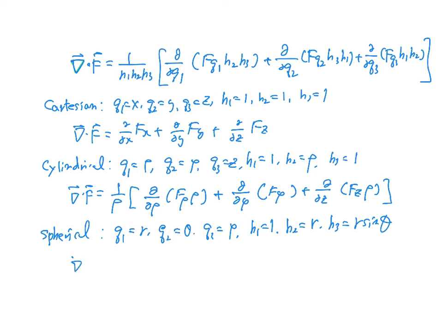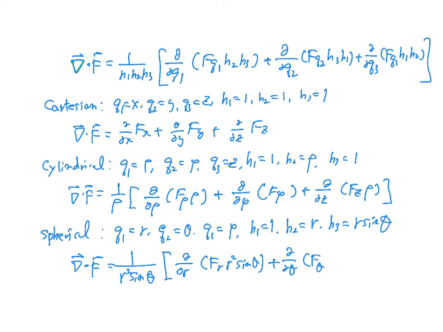So divergence of F is, 1 2 3 is 1 over r squared sine theta, partial r, partial Fr, 2 3 is r squared sine theta. Partial theta, partial F theta, H3 H1 is r sine theta. Partial phi, partial F phi r.